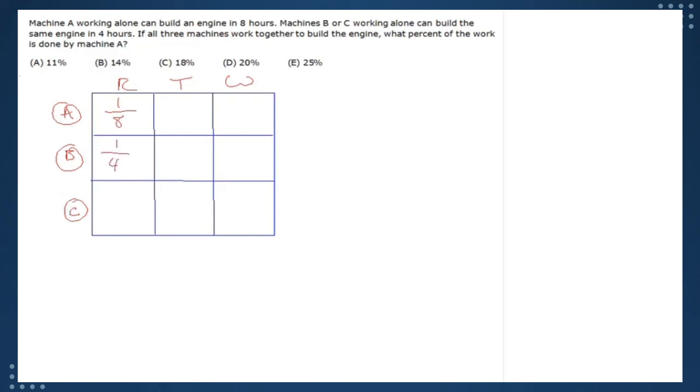B is 4 hours, that's 1 over 4. C is 4 hours, that's 1 over 4. If all machines work together, what I would do is just say they're working for T, T, and T, so that's the same time for all of them. So now when I'm getting total work, I'm not saying total work is 1 and actually solving for T. I'm literally just adding these together.